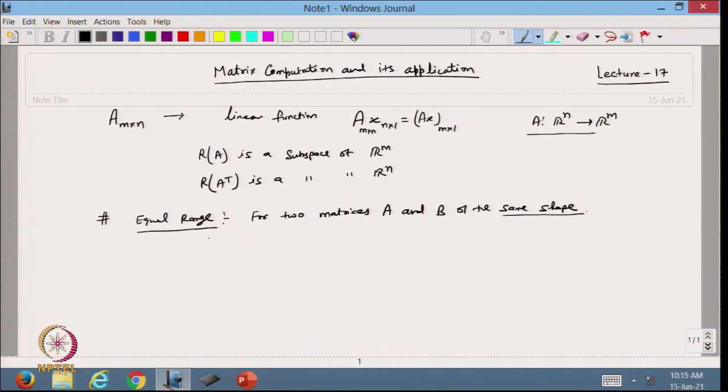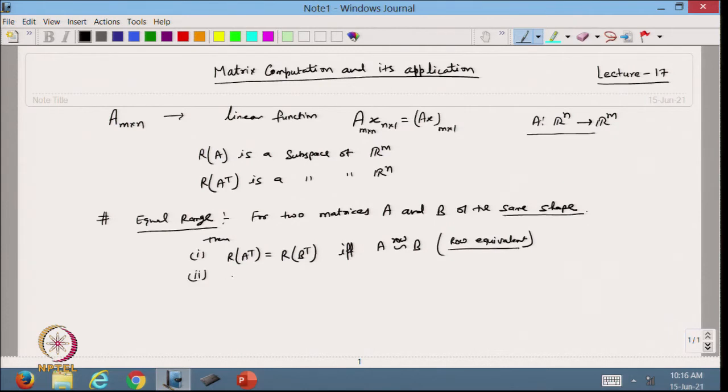Then the first is that the range space of A transpose is equal to the range space of B transpose if and only if A is row equivalent to B. Row equivalent means that by taking elementary row operations we should be able to start from A and get B.